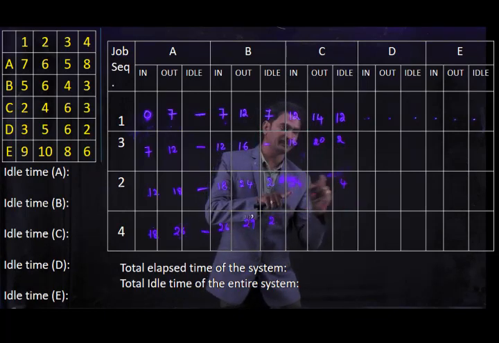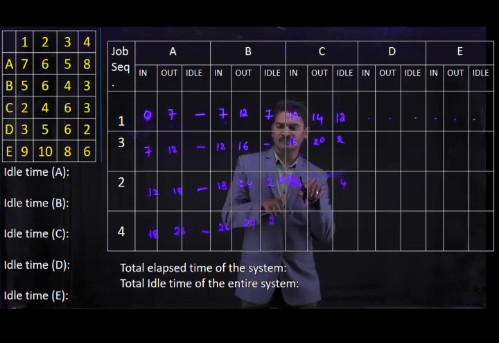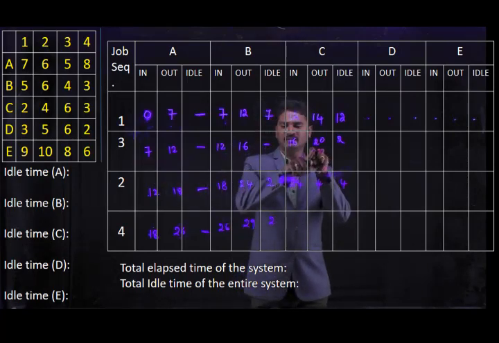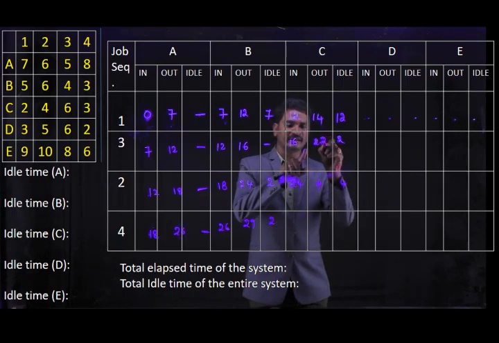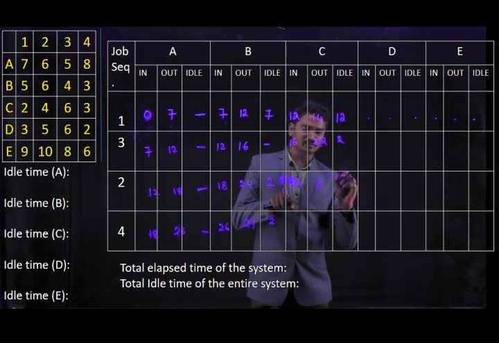Next, the processing time of the second job at machine C is 4 hours. Here for the third job at C, the processing time is 6 hours, so it was completed at the 22nd hour, so here also the idle time is 2.